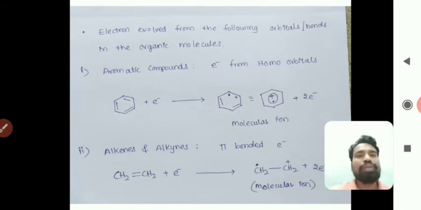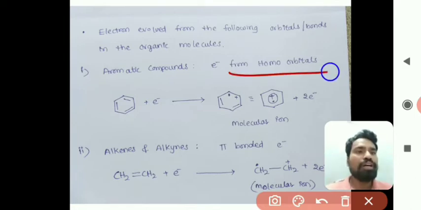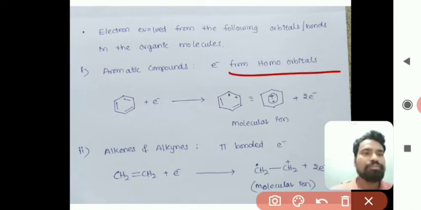In the organic molecule, the electron will be evolved from the HOMO orbitals. Aromatic compounds have high electron density, so those pi bonded electrons are there, and one electron will be evolved from the pi bonded electrons.